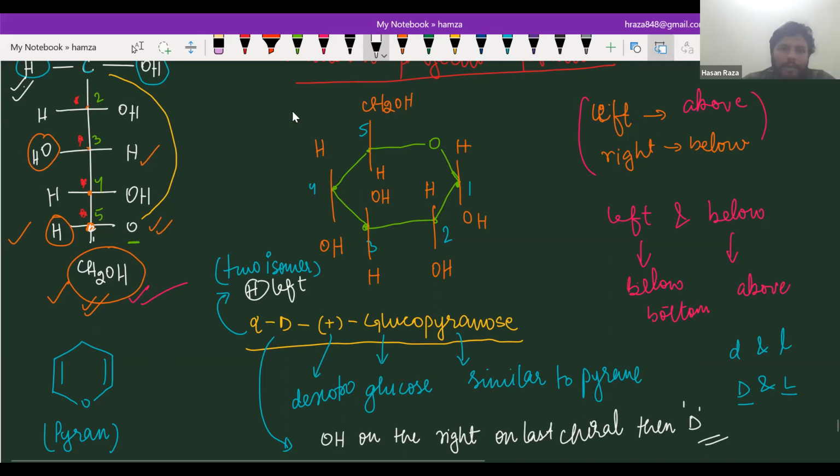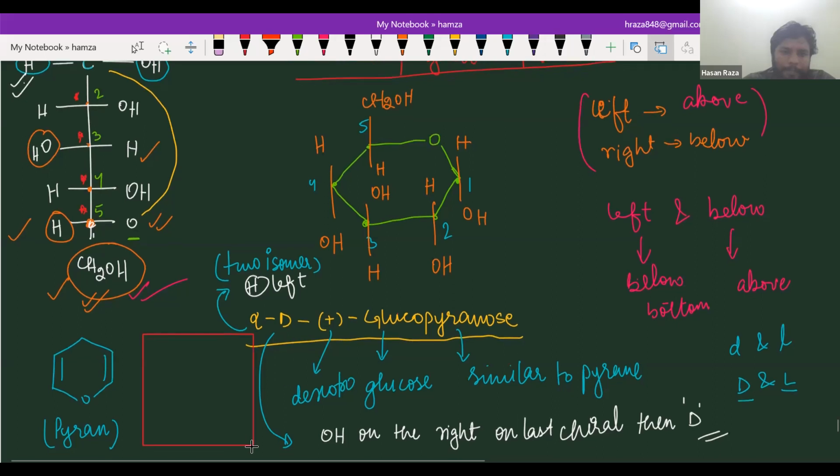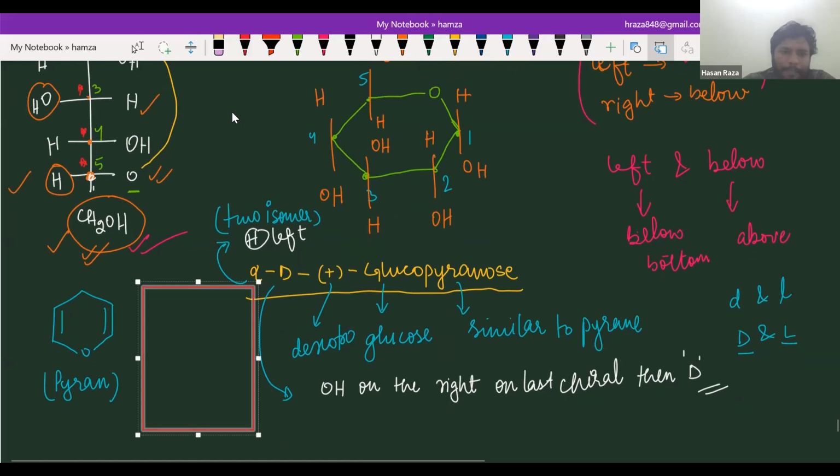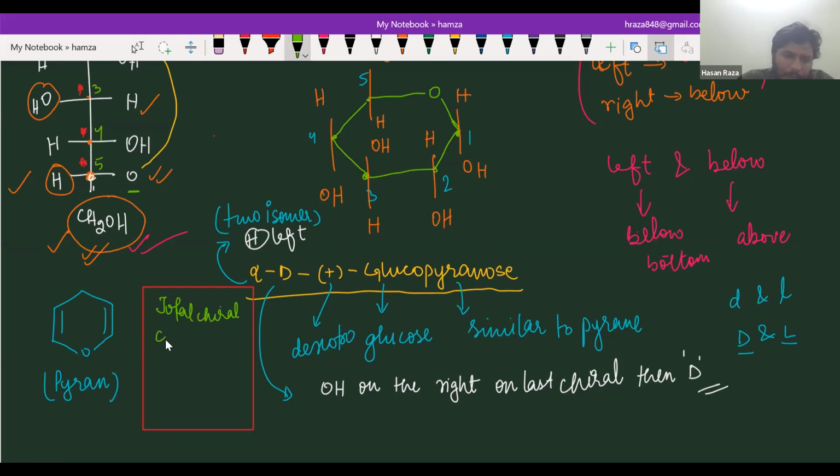And there is another point which is important. Total chiral carbon atoms in cyclic structure of glucose equals basically 5.